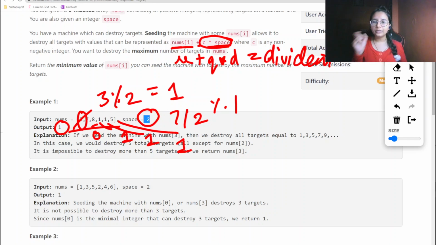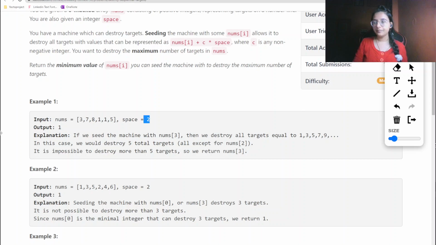So that's why we will be choosing the smallest one, and going on the same line, all the remainders are equal, the maximum element and the minimum element, we will be returning that minimum element as our answer. So that would be the thing here.